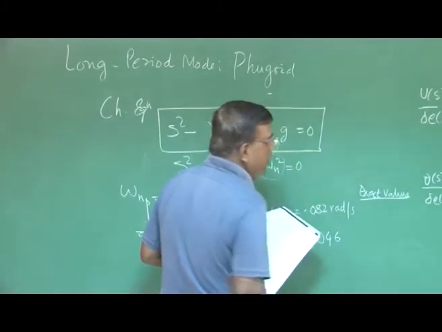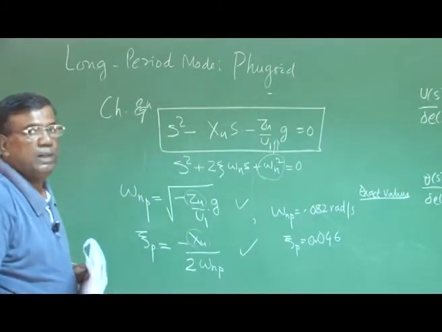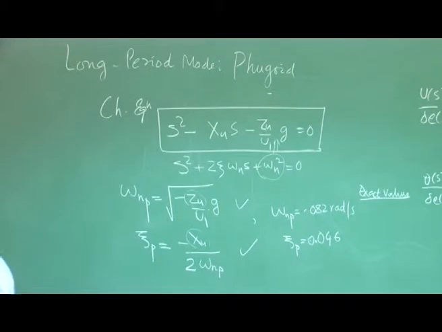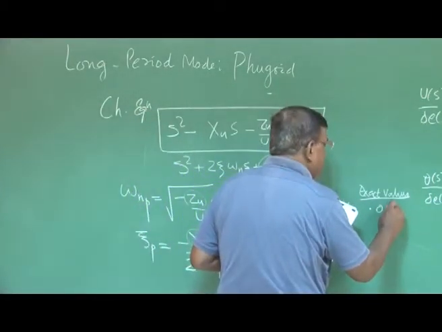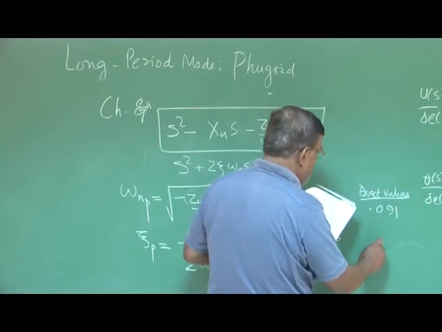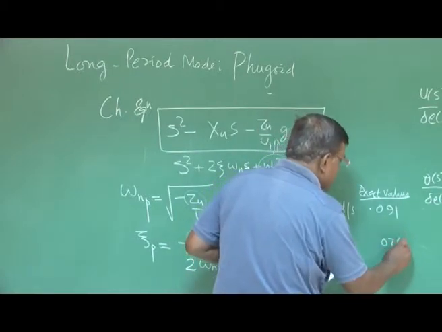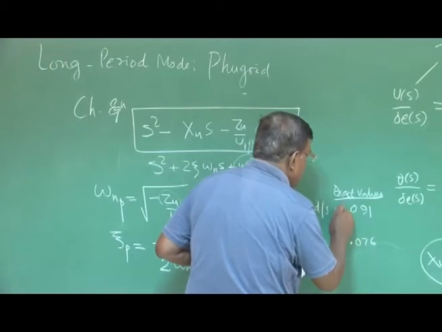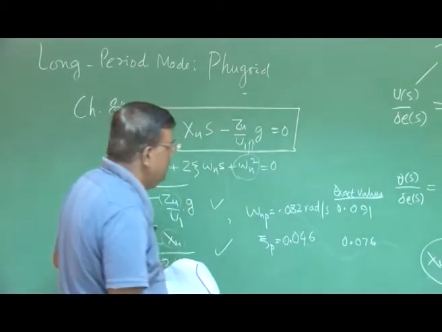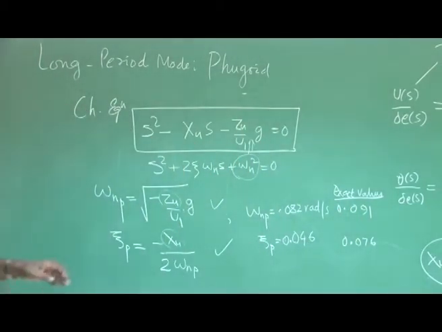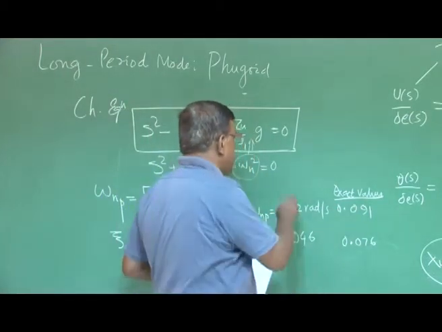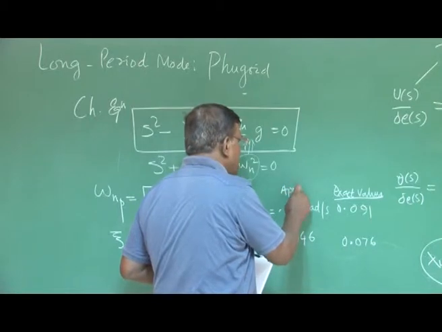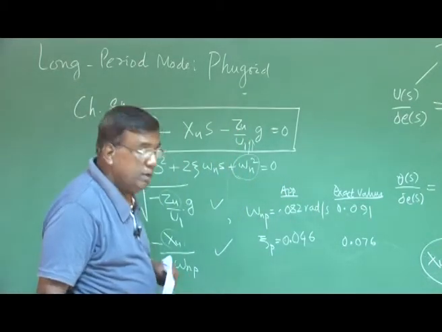But if you recall, the exact values were earlier computed by solving A s to the power 4 plus B s cube plus C s square plus D s plus E equal to 0. Those values were 0.091 and 0.076. Now you could see natural frequency estimation through approximate method, this is approximate for Phugoid approximation.